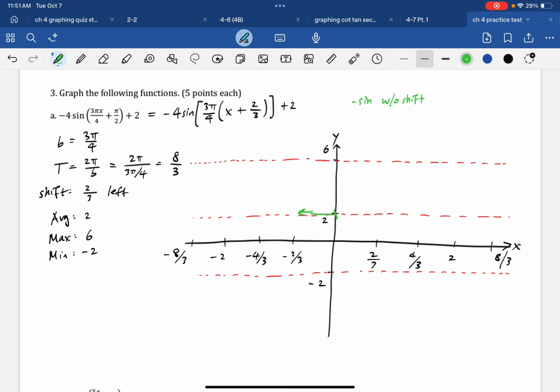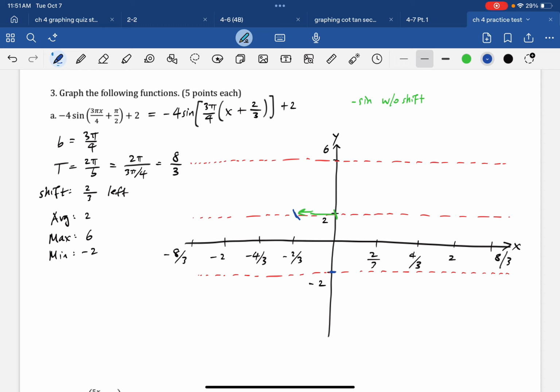So I know that my real graph must intersect the average line, or 2, at x equals negative 2/3 because of that shift. Now, armed with this information, I'm able to determine where the graph is going to be at every single quarter period tick. Because I know that it's going downwards at this point, I know that at the next quarter period, which is at x equals 0, it's going to be intersecting the minimum at the y-axis.